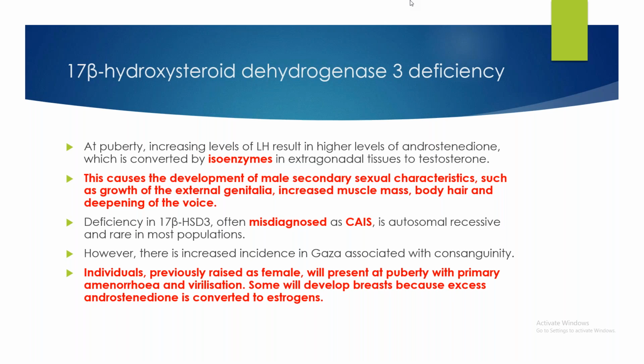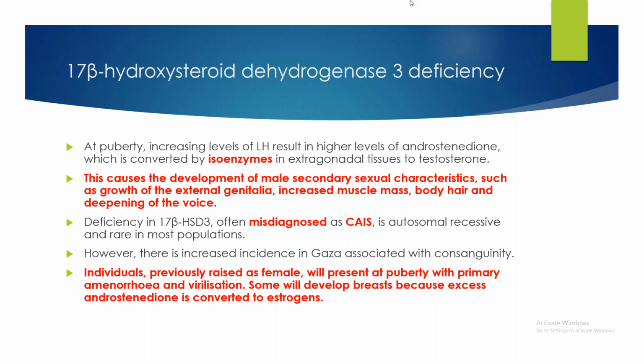So secondary sexual characteristics of male will develop at puberty. At birth, the genitalia will be either ambiguous or female, but at puberty there will be normal development of secondary sexual characteristics of male type in case of 17 beta hydroxysteroid dehydrogenase deficiency.